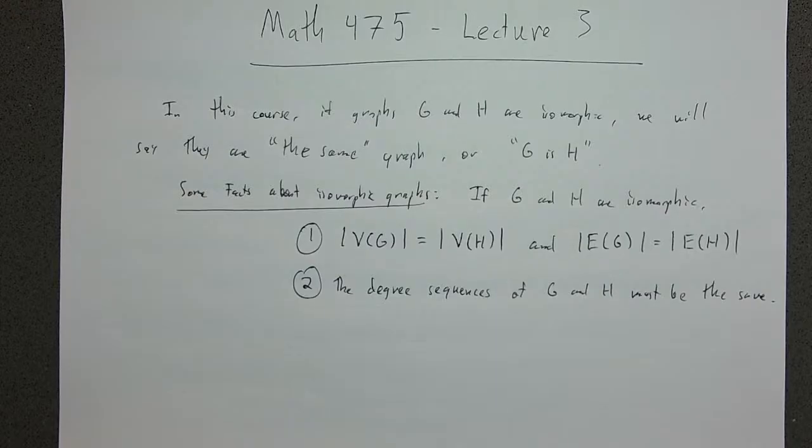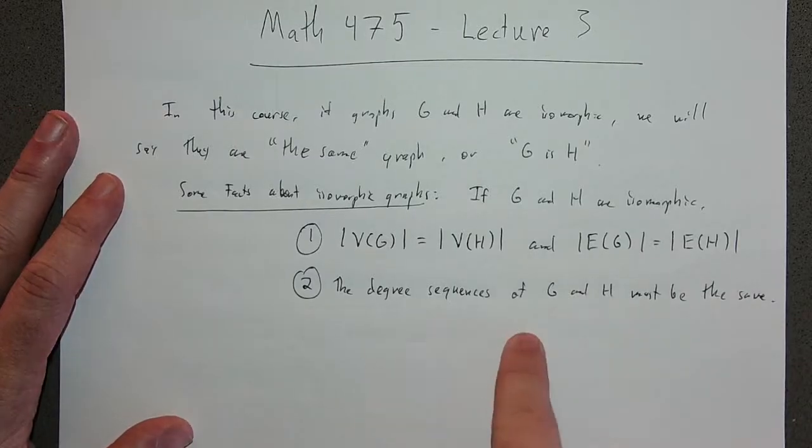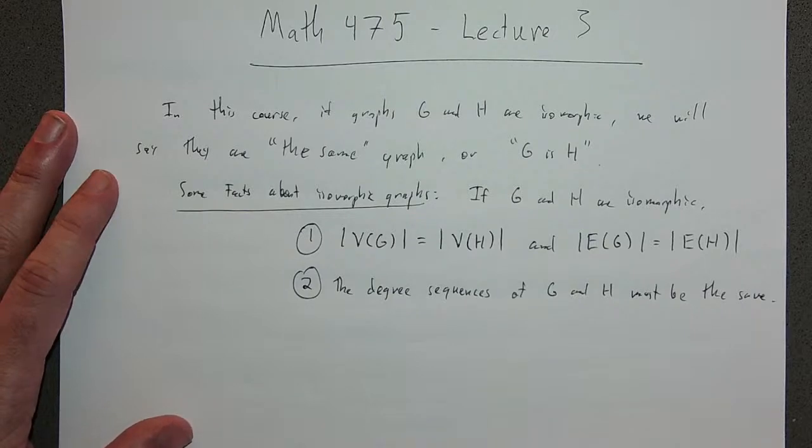These two facts, of course, give you a very easy way of saying whether or not some graphs are isomorphic. If you have two graphs and one of them has more vertices or more edges, they're clearly not isomorphic. If you have two graphs and the degree sequences, once you've written them out, differ at all, then they can't be isomorphic, for the same reason. Degree sequences having to be the same.